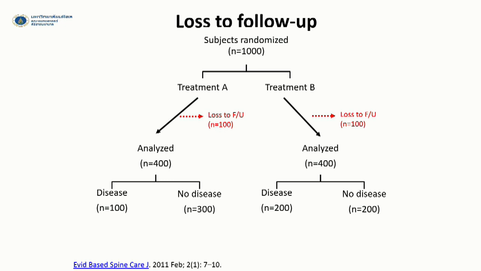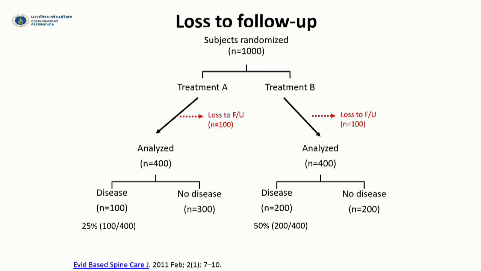It tells us that treatment A got more recovery, because if you calculate, 25% still have the disease, meaning that 75% recovered. On the right side, it's 50-50, meaning that it worked for half of them and didn't work for the other half.